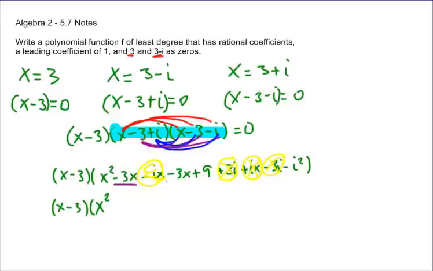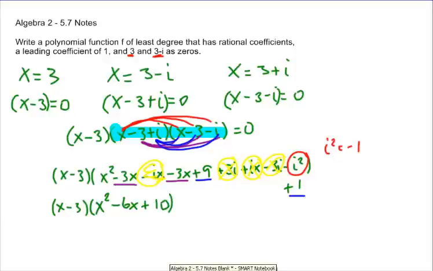Negative 3x minus 3x is negative 6x. And then don't forget back here, i squared is negative 1. So at the back, I'm really looking at a plus 1, which means that my plus 9 and plus 1 go together to give me a plus 10.